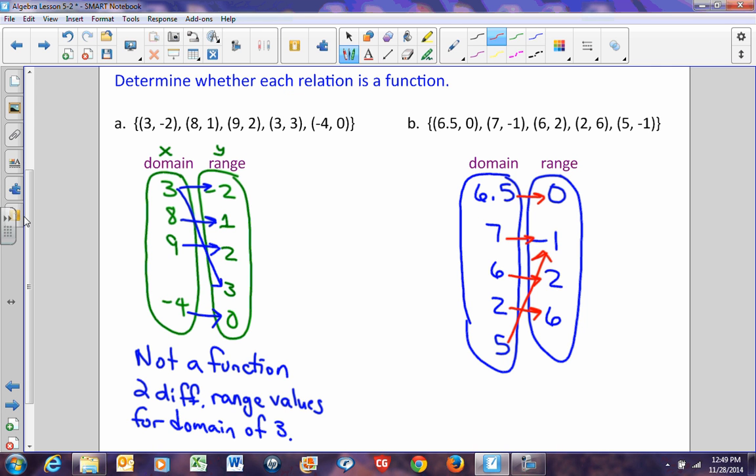That's perfectly fine. I can have two different x values going to the same y value. I cannot have two different y values going to the same x value. So this would be a function. Yes, this is a function, because we have a one-to-one relationship. Each domain is paired with a unique range.